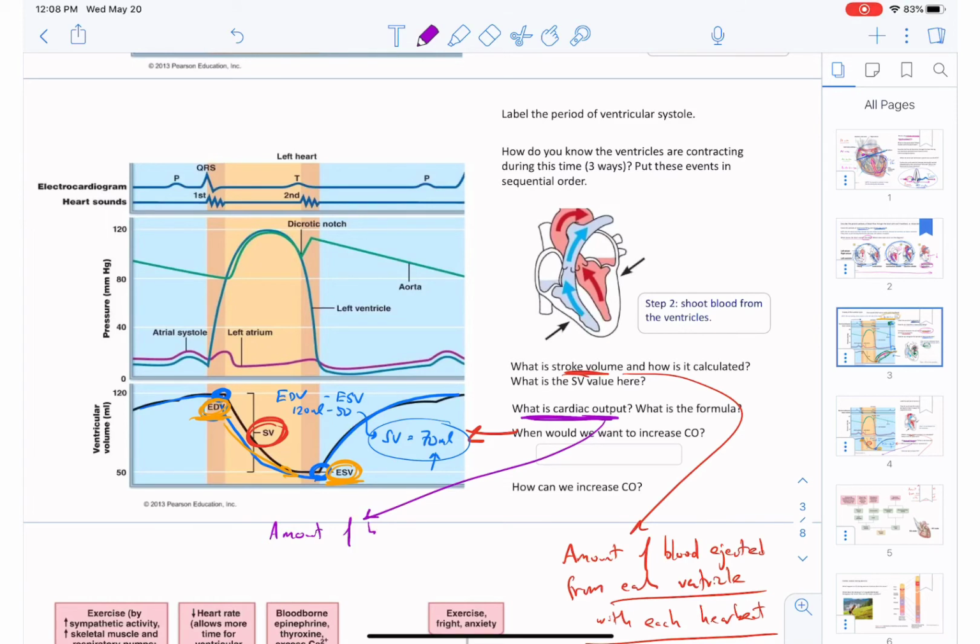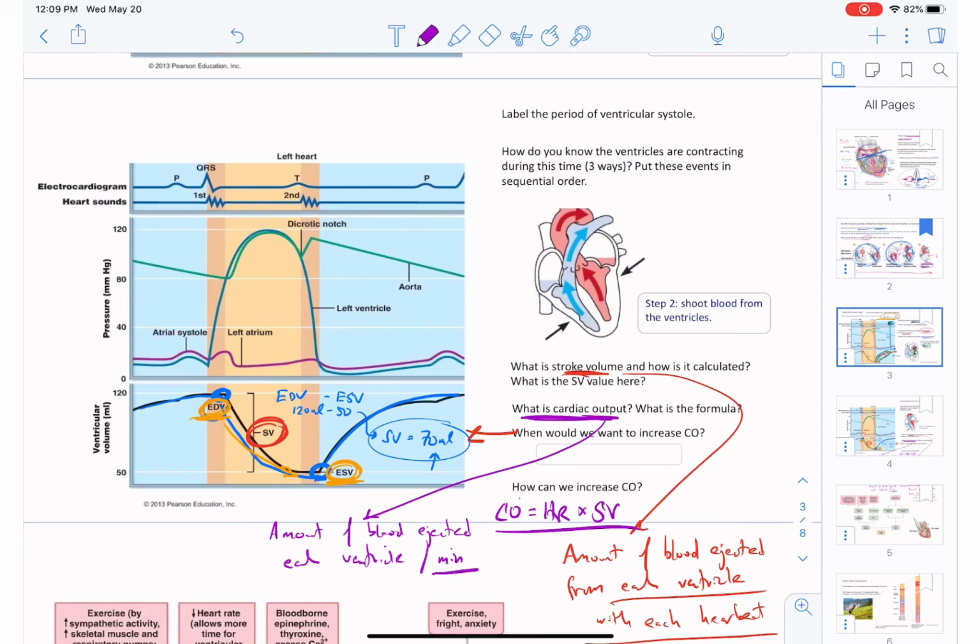It's the amount of blood ejected from each ventricle, except instead of the amount of blood per heartbeat, it's the amount of blood ejected from each ventricle per minute. And the equation for that is heart rate times stroke volume.